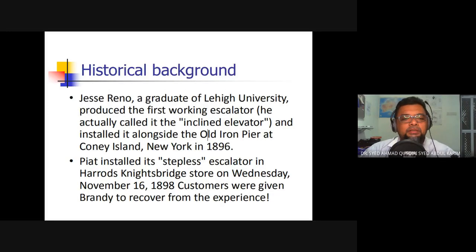So, a bit of historical background. Jesse Reno produced the first working escalator. He called it an incline elevator because a real elevator is totally vertical, but this one was put on an angle, usually about 30 degrees.